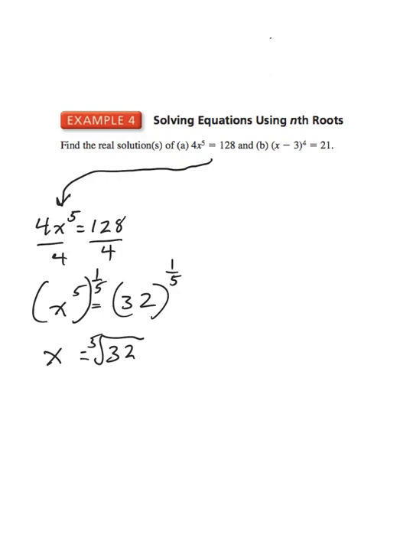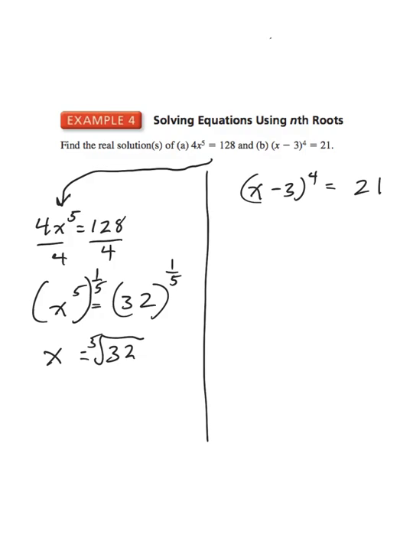If you didn't understand that, let's do another problem. I have x minus 3 to the 4th equals 21. Now, what do I have to do to get the x minus 3 to the 4th to the 1 power?